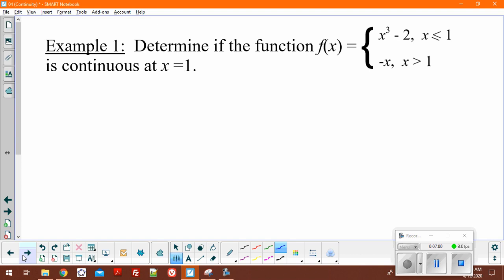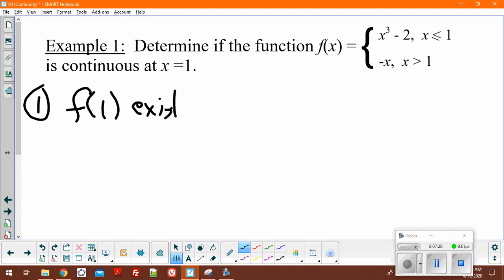So example 1, here's a piecewise function, and we're going to determine if the function is continuous at x equals 1. So first, let's just follow through with our rules. My first thing is, does f of 1 exist, or is it defined? When I go over here, it says when I'm at 1, that would fall into the top branch there.